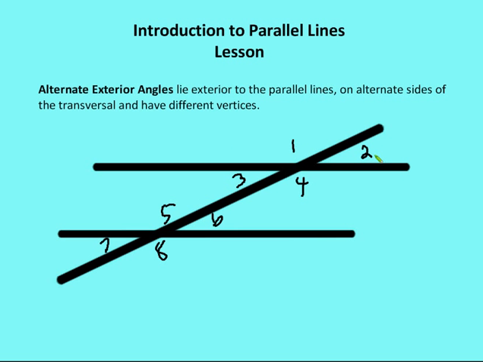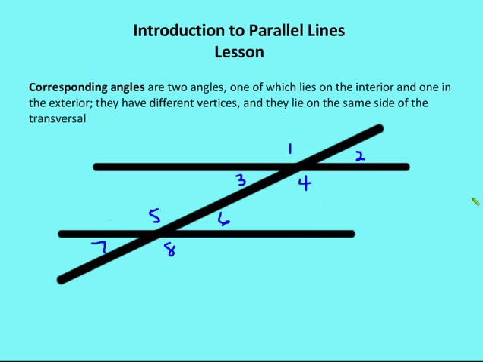So 1 cannot share a vertex with 2, 7 cannot share a vertex with 8. So now I have 2 pairs again, 1 and 8, and then I have 2 and 7. So they meet the criteria. They lie exterior to the parallel lines, they're on alternate sides of the transversal, and they don't share a common vertex. So 1 doesn't share a common vertex with 8, 2 doesn't share a common vertex with 7.